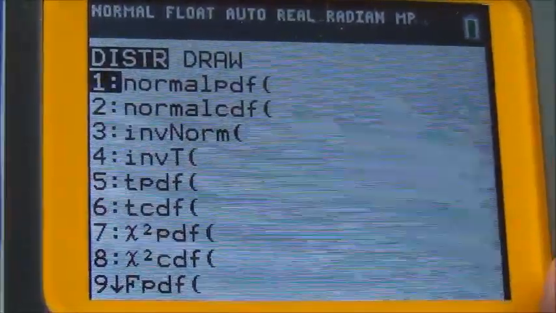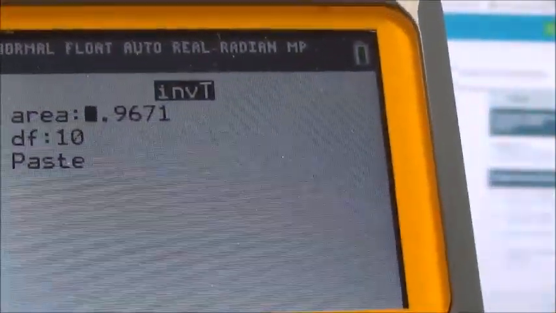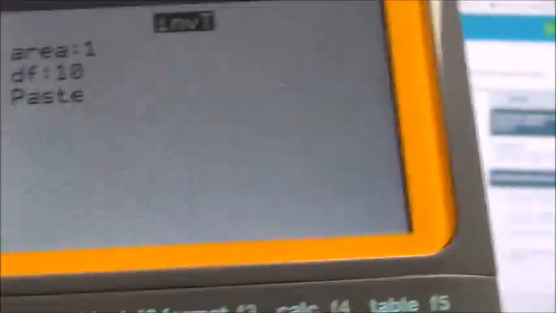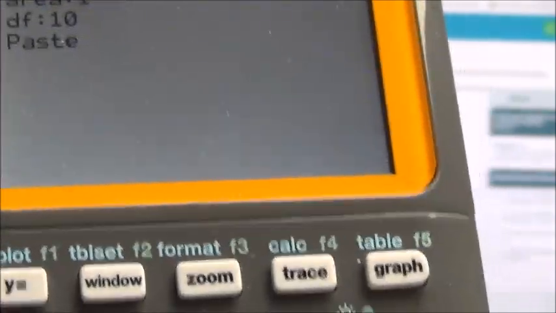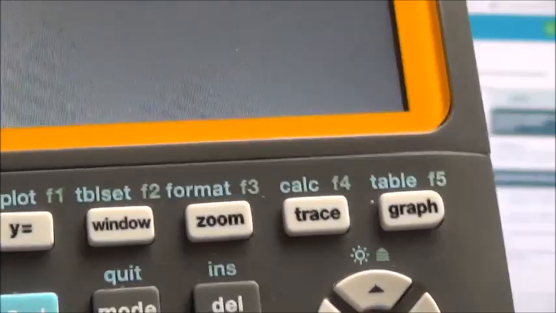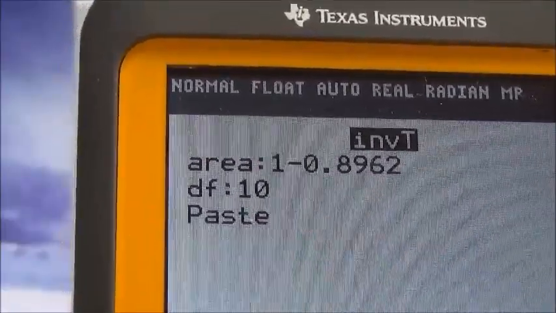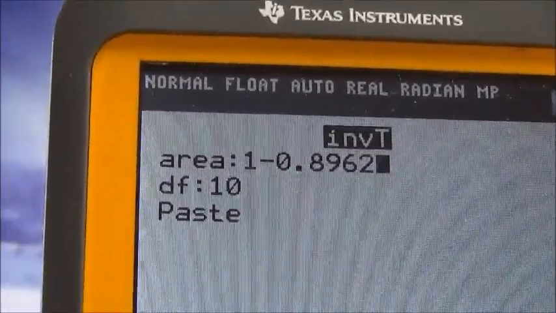And again, we're doing the inverse t, so we're doing number 4. And if I'm going to do the area to the right, I'm going to do 1 minus the 0.8962. So area to the left, you just use the area. If it's the area to the right, I'm going to use 1 minus that area.